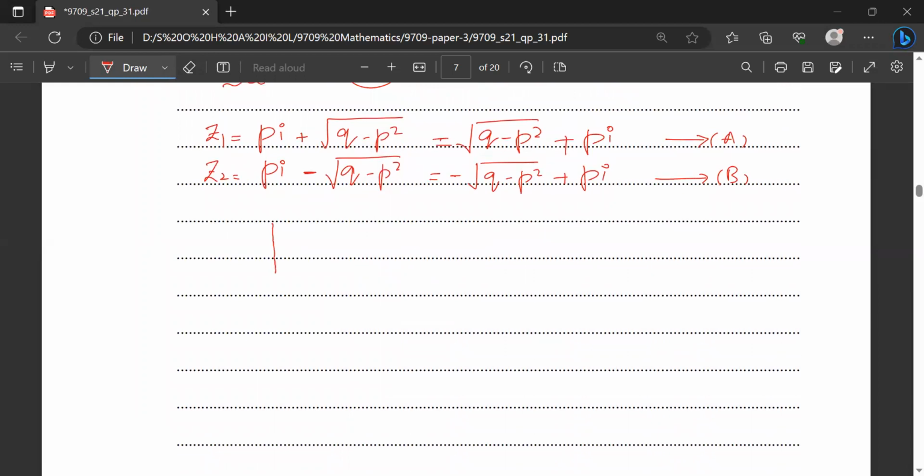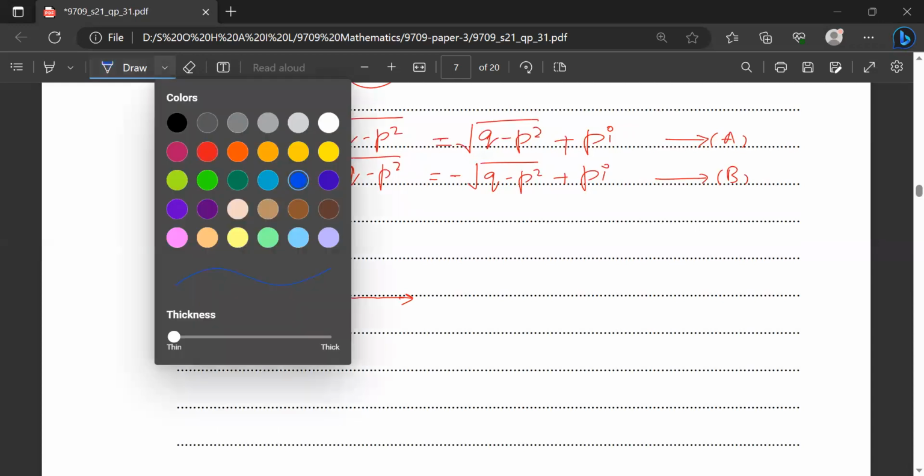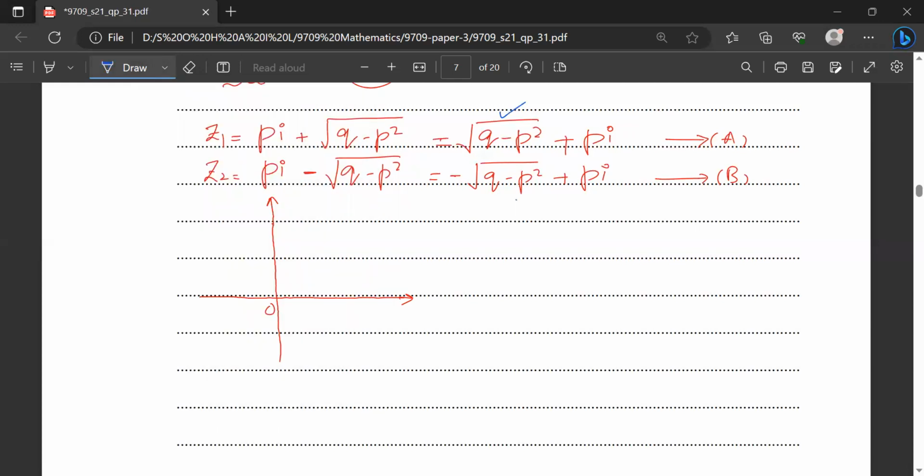For this answer, I'm drawing a sketch. In that sketch, there is the origin, the imaginary axis is here, the real axis is here, and the two points. Notice one thing: the real part is square root of Q minus P square, and negative for the other.